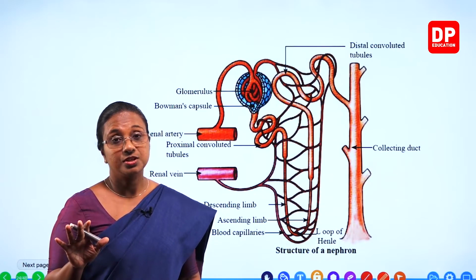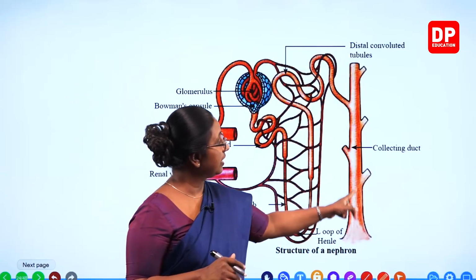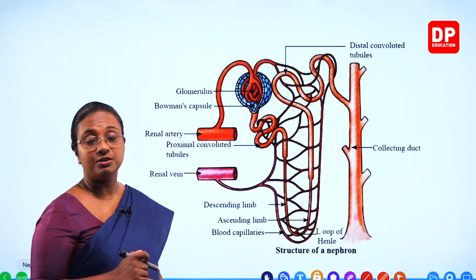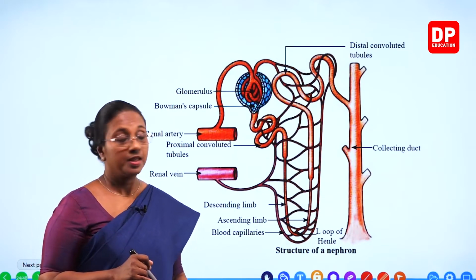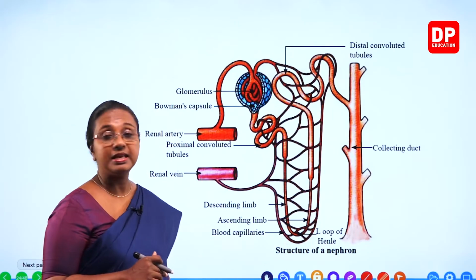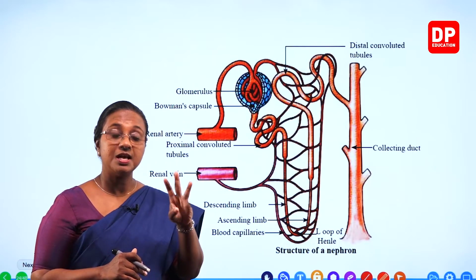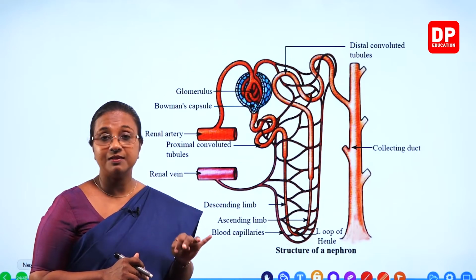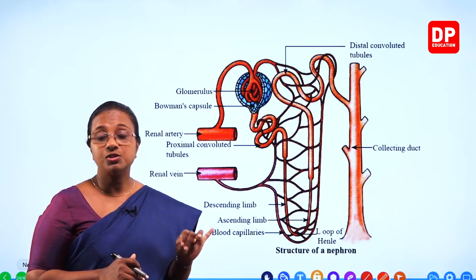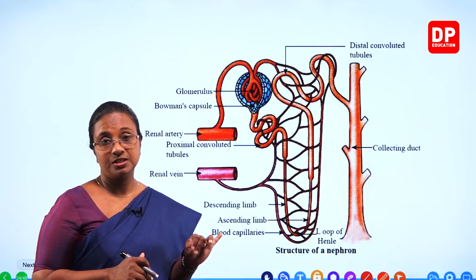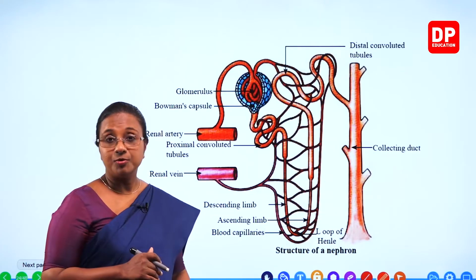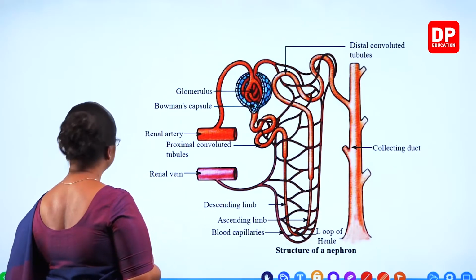Is that clear, students? Then the urine is produced and it is collected into the collecting duct. So, that is the process happening in a nephron: 3 steps, ultrafiltration, selective reabsorption and also secretion. With that, I'll move back to the question.